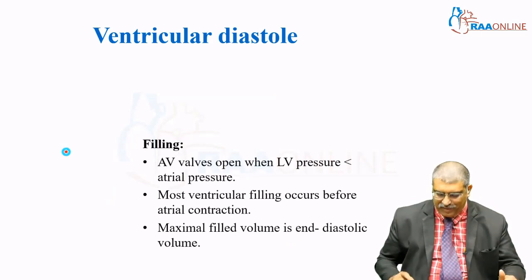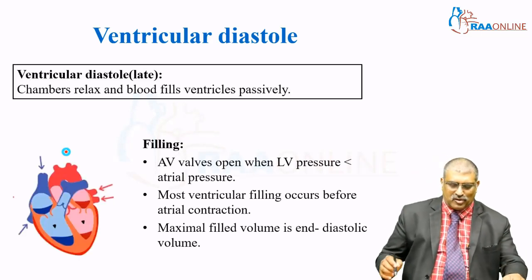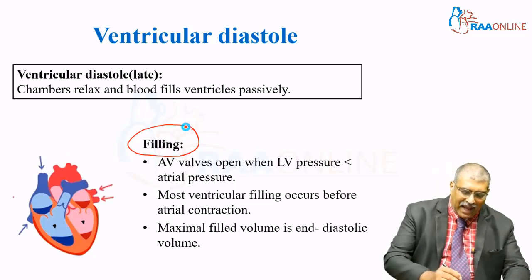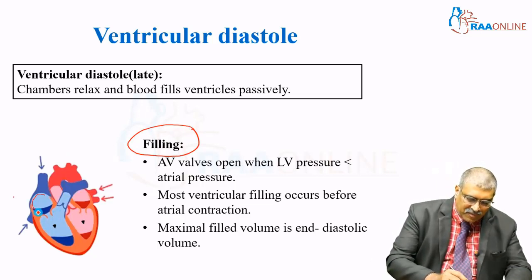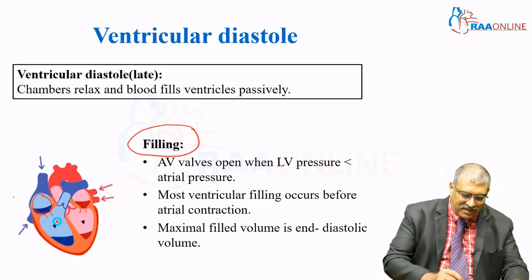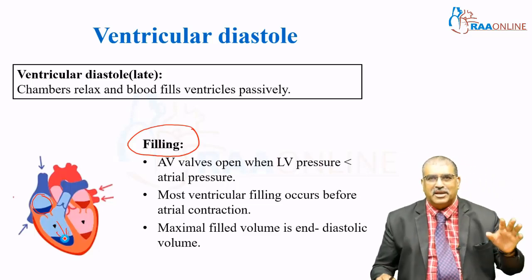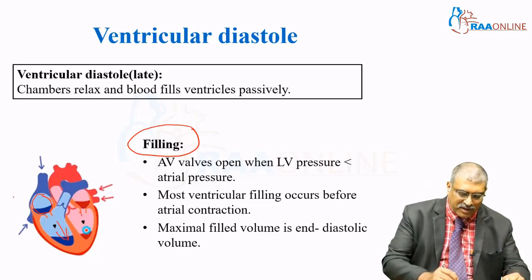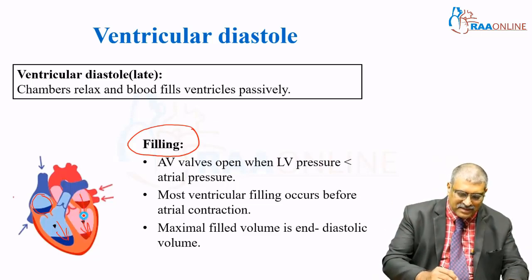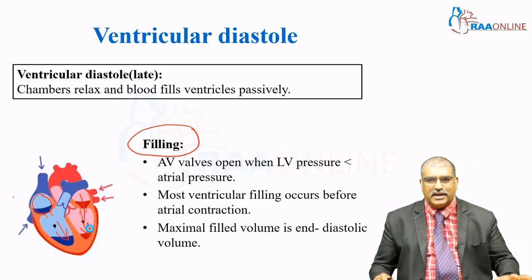Next comes the phase of late ventricular diastole. Here the ventricle is getting filled. As the atrium fills, the atrial pressure exceeds the ventricular pressure, the left or the right ventricular pressure. So as the AV valve opens, the blood from the atrium fills into the ventricle.